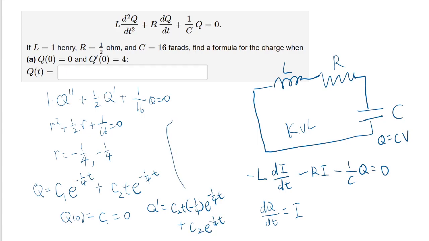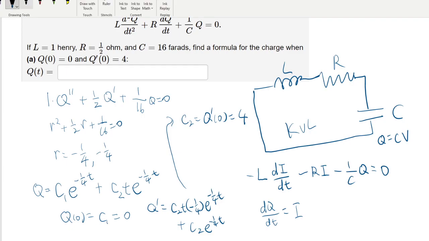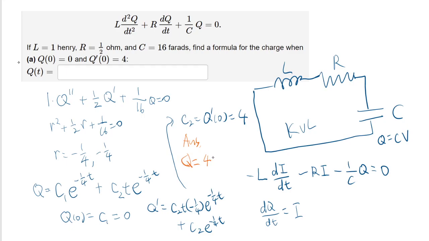And again, that gives you C2 as the value of Q prime of 0, but that's equal to 4. And therefore, plugging in 0 and 4 into there, your final answer would be Q equals 4 times t times e to the negative 1/4 t.